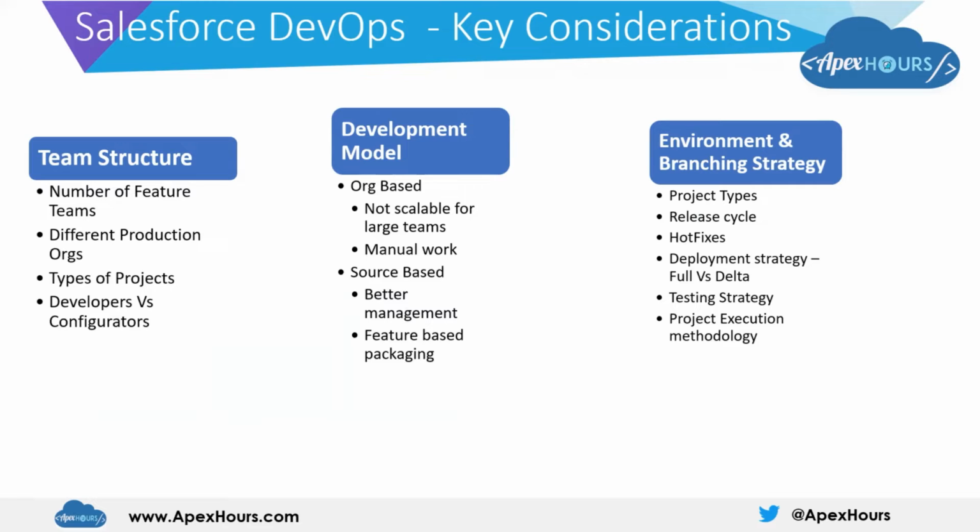The release cycle of each of these projects might be different, and they might be utilizing different Salesforce production instances. And there might be different types of implementers, like developers and configurators. So your DevOps solution depends on all these factors. In effect, it is actually deciding your environment and branching strategy also.